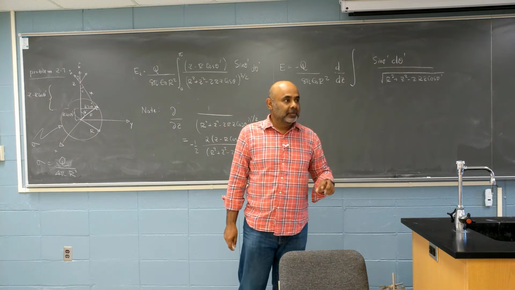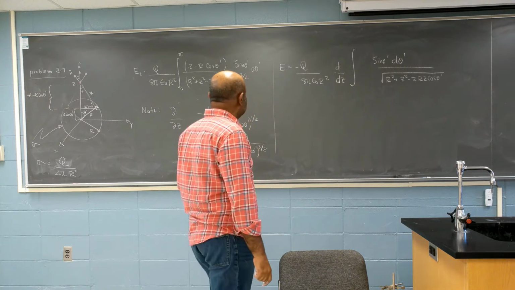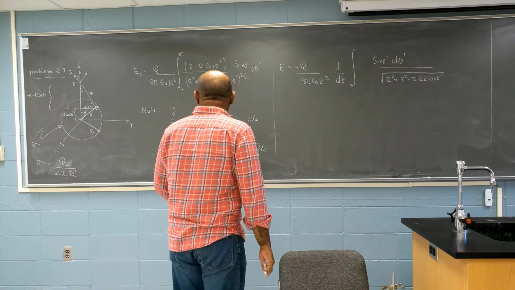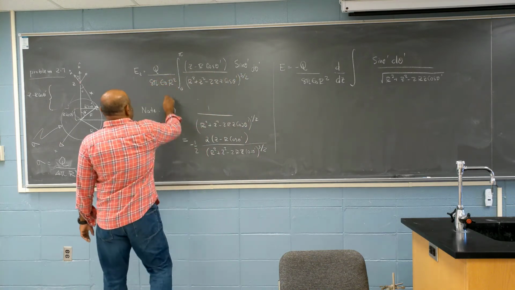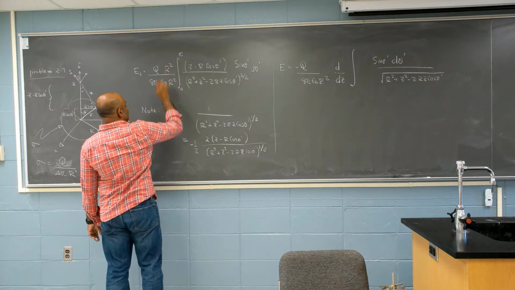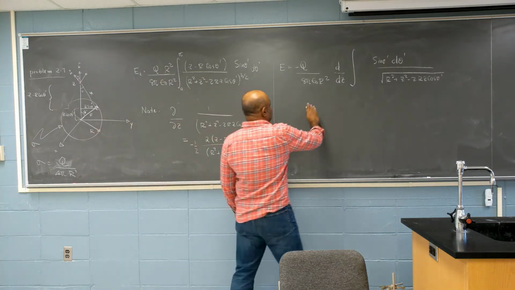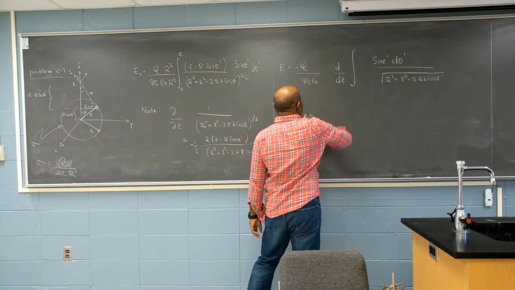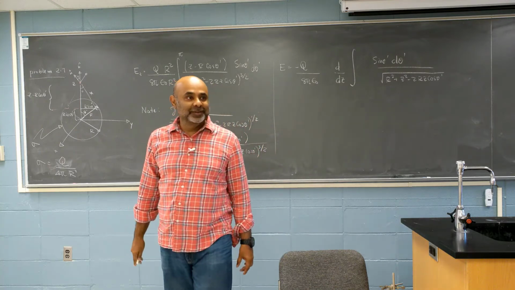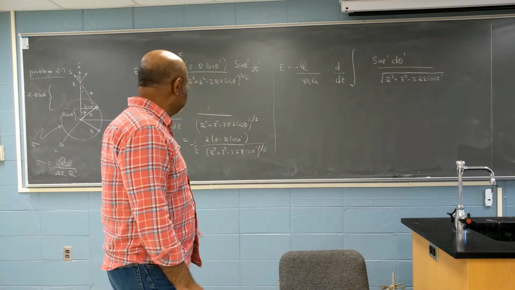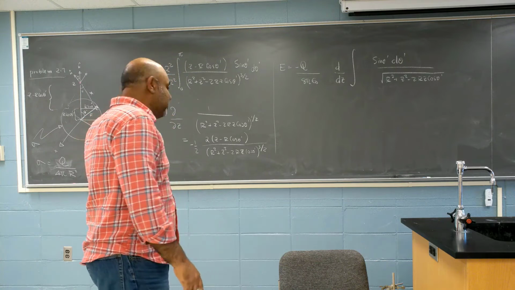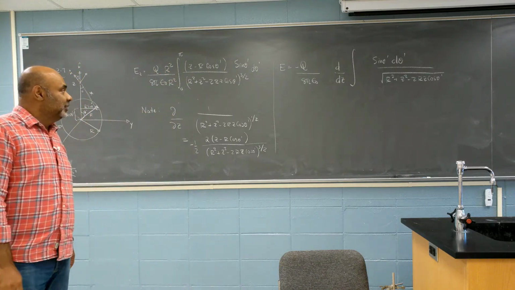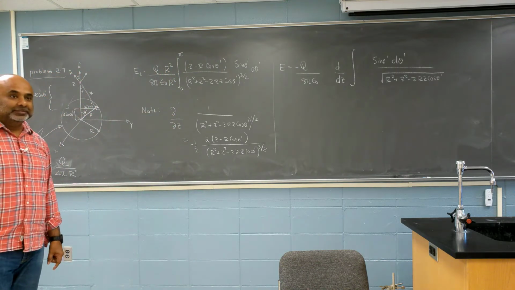Well, there's also an R squared with the sine. Yeah, capital R squared. That just cancels over there. How did this R squared come? Oh, that's from the sigma. Good catch.